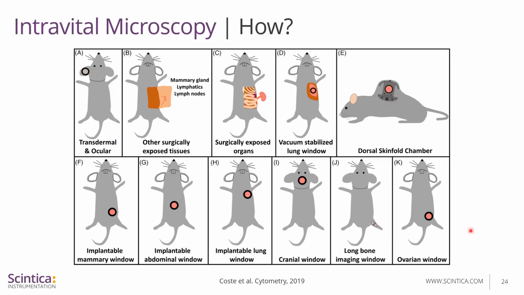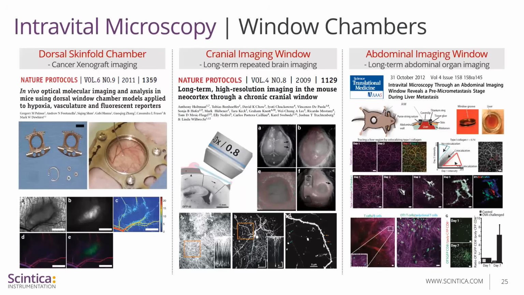A few very commonly used window chambers are displayed here, such as lung chamber, dorsal skin fold chamber, mammary window chamber, abdominal window chamber, cranial window chamber, a bone window chamber, and an ovarian window chamber. A lot of these window chambers have detailed protocols that you can find in literature and that can help guide you through the creation of your own intravital model.